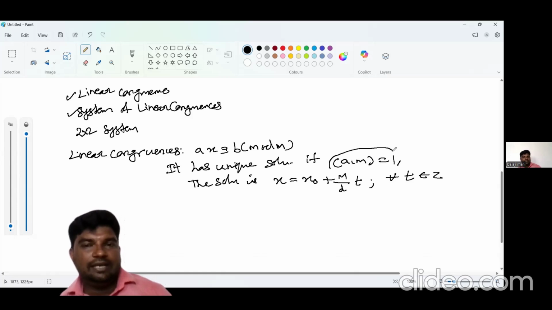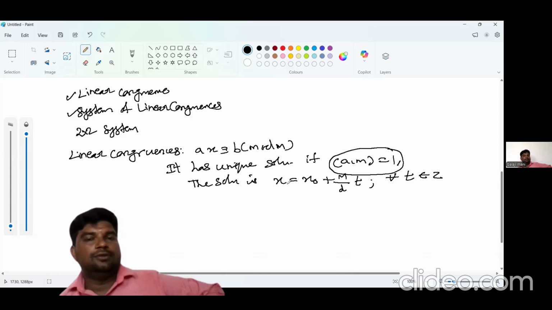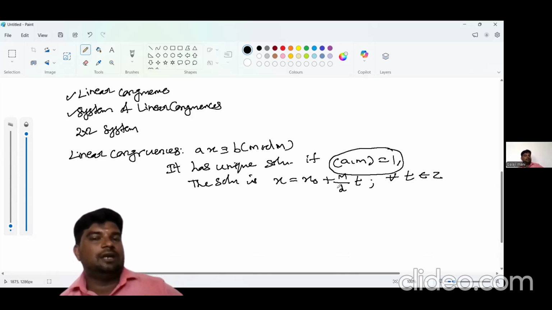The x naught should be obtained as some particular value. It is obtained by some arbitrary value. We can choose this by solving the congruence equation, selecting the x naught value.